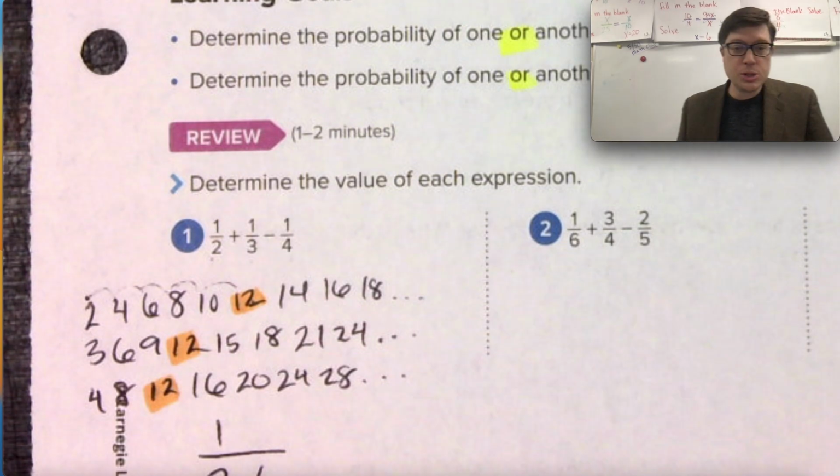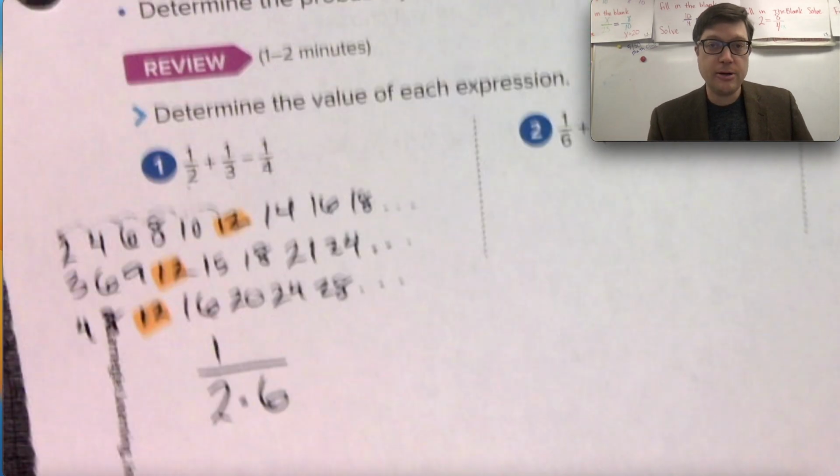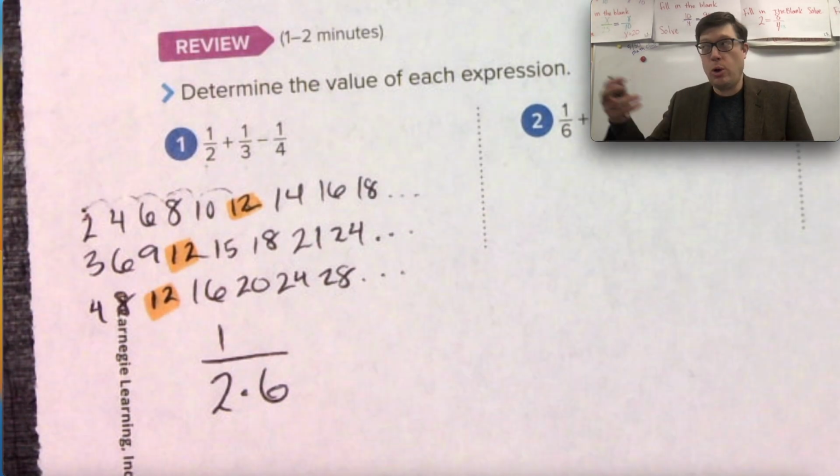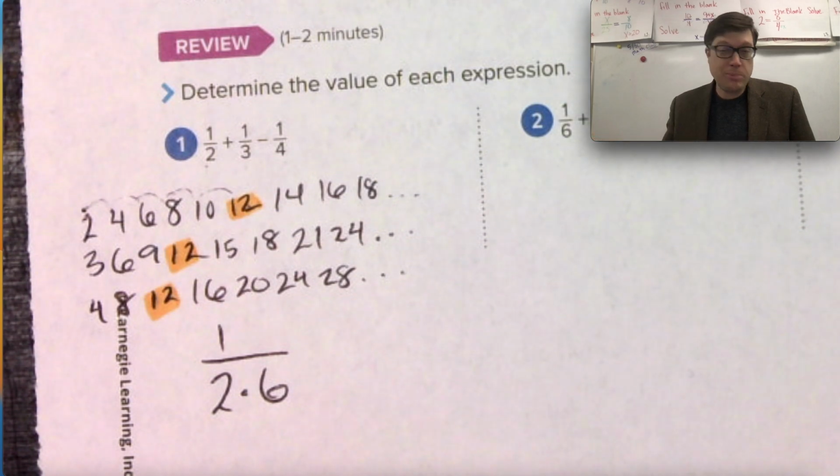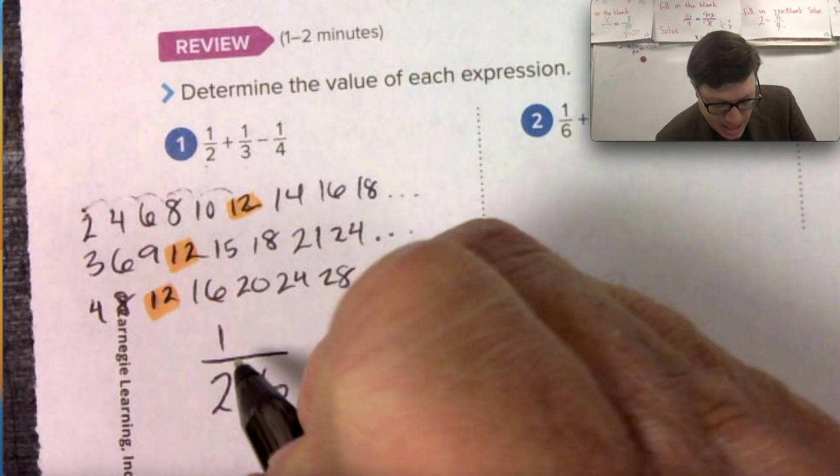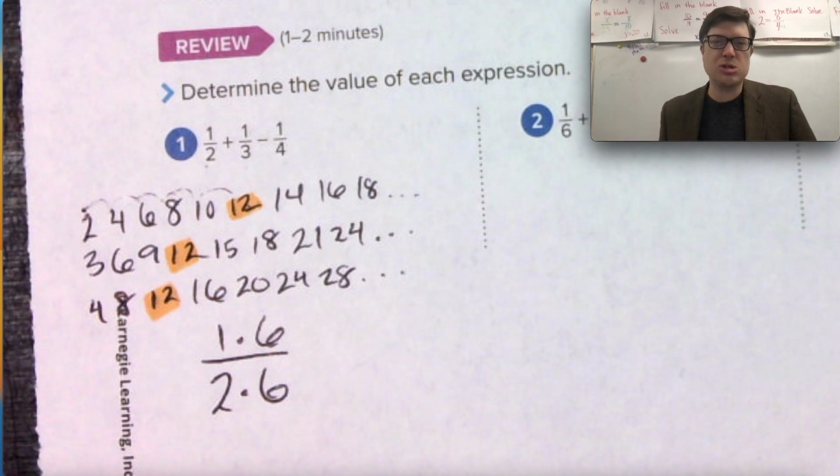Now the fraction was originally 1/2, but in order to multiply the 2 up to a 12 by multiplying by 6, we have to keep the fraction equivalent, so I have to multiply the numerator by 6 also.